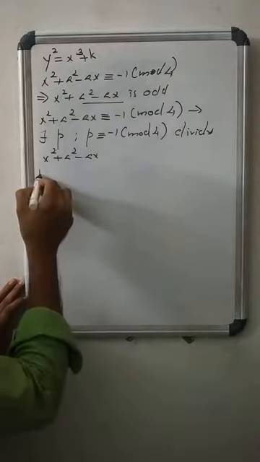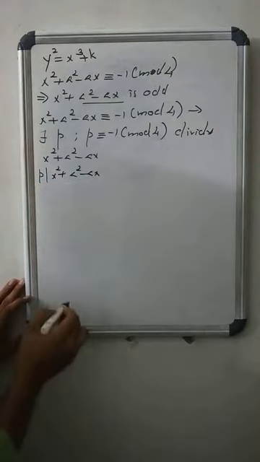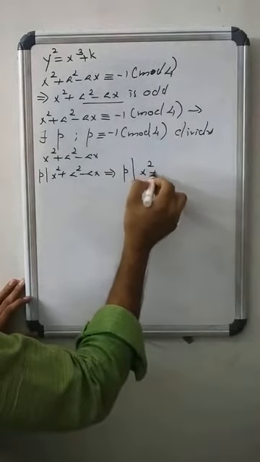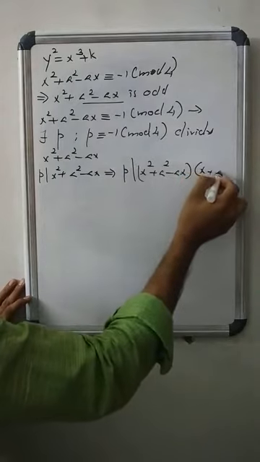That means p divides x square plus a square minus ax. So that implies p divides (x square plus a square minus ax) into (x plus a).